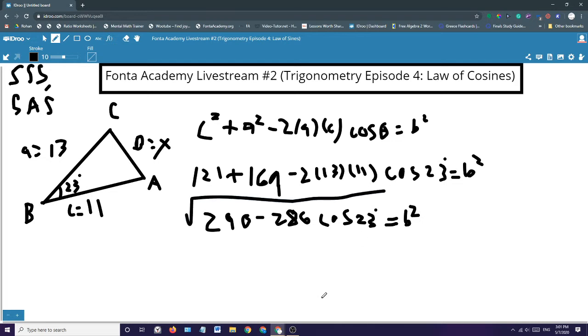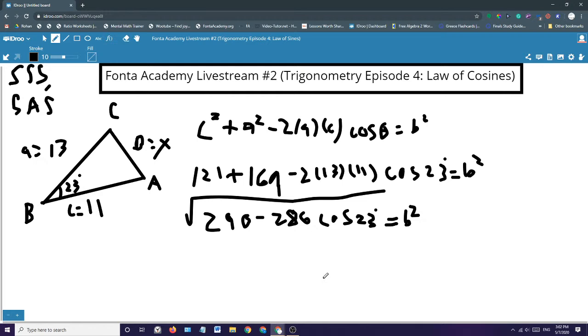So it'll be 290 minus 286 times the cosine of 23.